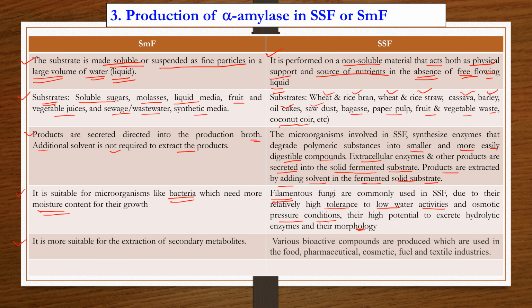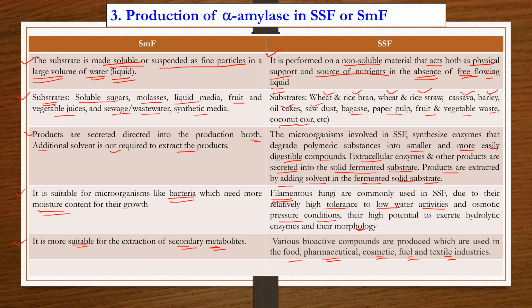SMF is more suitable for the extraction of secondary metabolites which are required in liquid state. Whereas in SSF, various bioactive compounds are produced which are used in food, pharmaceutical, cosmetic, fuel and textile industries.